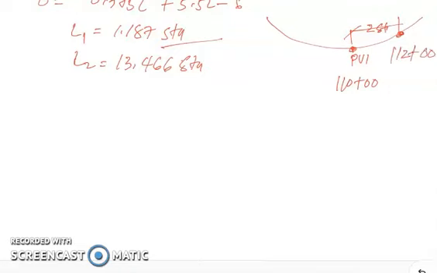That distance alone is already 2 stations, and this is our PVC. So L, which is 1.187, is not feasible. Therefore, we choose that our L is 13.466 station, which is equivalent to 1,346.6 feet long.